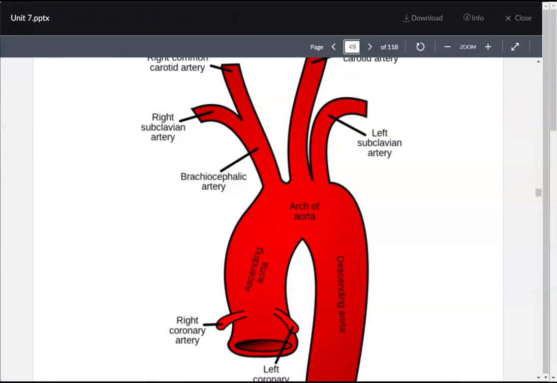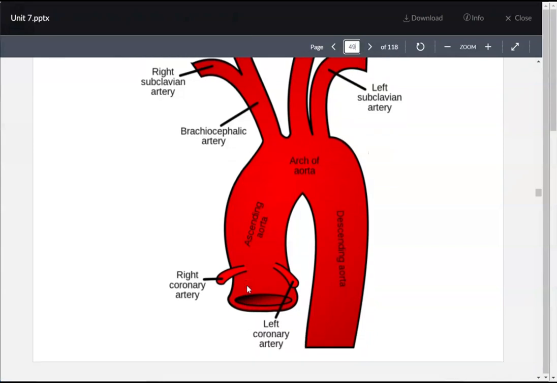I mentioned this when we were doing the heart, but the aorta comes off of the left side of the heart, the ventricle specifically, and as it comes up, it's actually referred to as the ascending aorta, and you have an immediate right and left branch into the right and left coronary arteries.